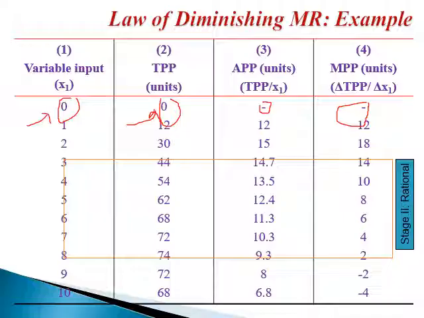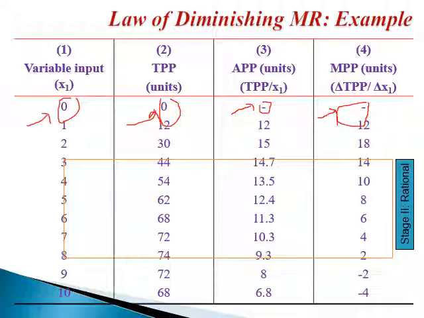The minimum amount of x1 that I can use is 0. I cannot use negative x1. And the minimum amount of output that I can produce is 0 output. It cannot be less than 0, because there is no negative. And as a result, you can see a hyphen here and a hyphen here, which means that the APP of the variable input and the MPP of the variable input are undefined.